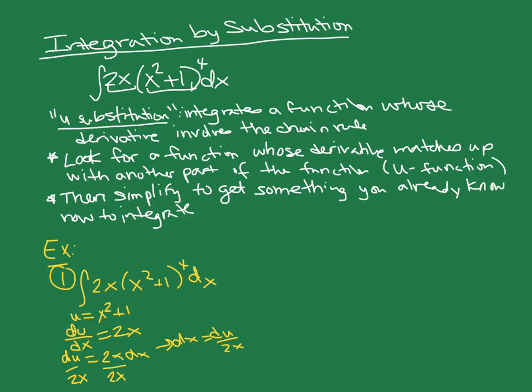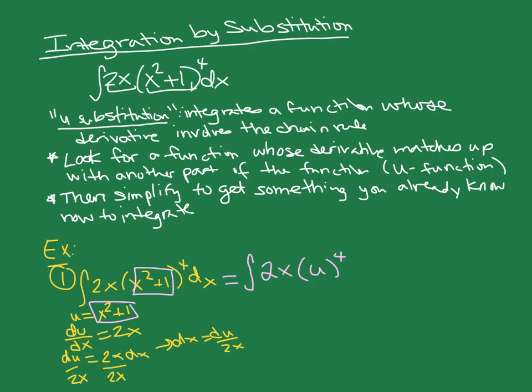So now you're probably looking at this wondering what we're going to do with all of this strange stuff. So what we're going to do is change this integral so that it is no longer in terms of x, but it is now in terms of u. And so I'm going to keep my 2x there. However, this x squared plus 1 is now going to change to u.